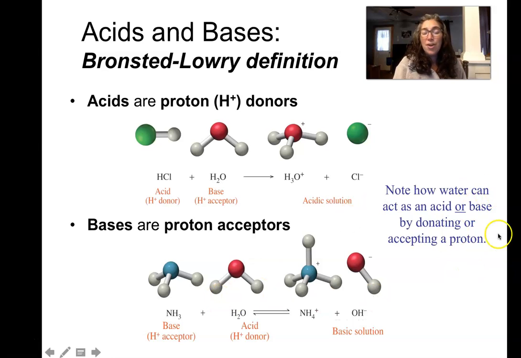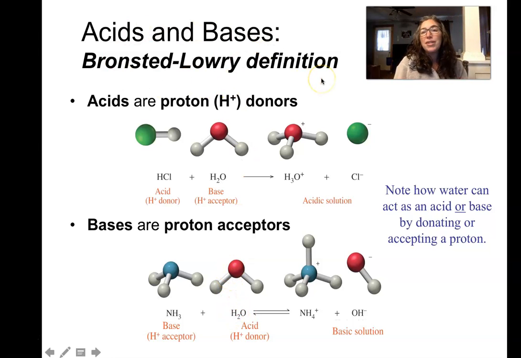So you can note in these two reactions we used water as a reactant in both of them, right? But in the first one the hydrochloric acid acted as an acid and the water was the one that acted as a base. It was the one that accepted or gained an H+. In the second reaction, water acted as an acid. It was the one that was the proton donor. It gave the H+.